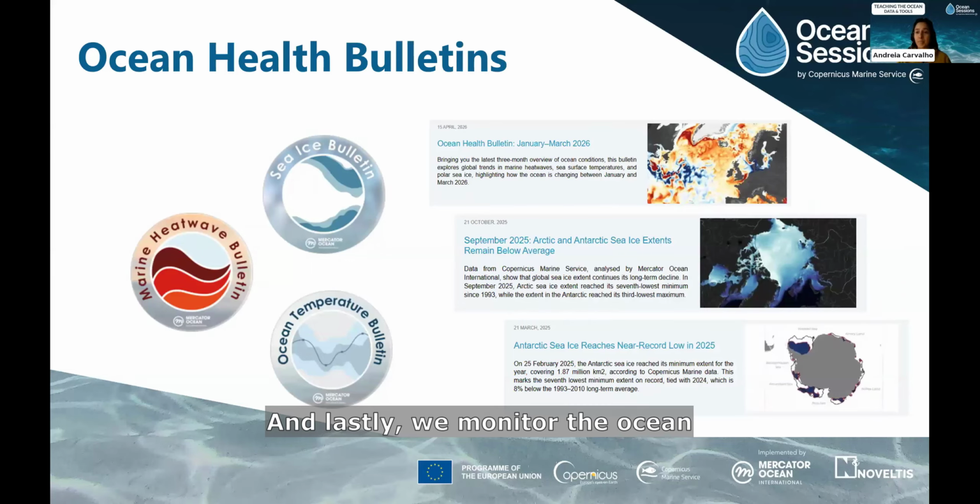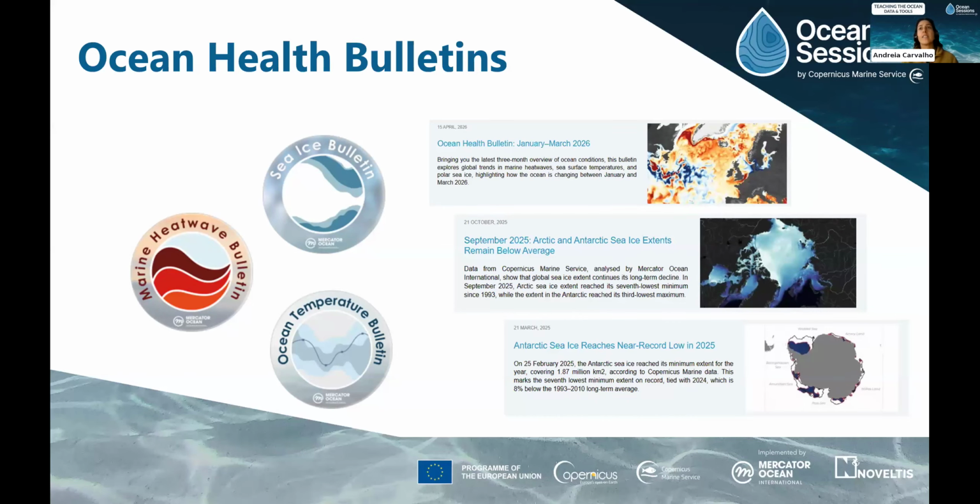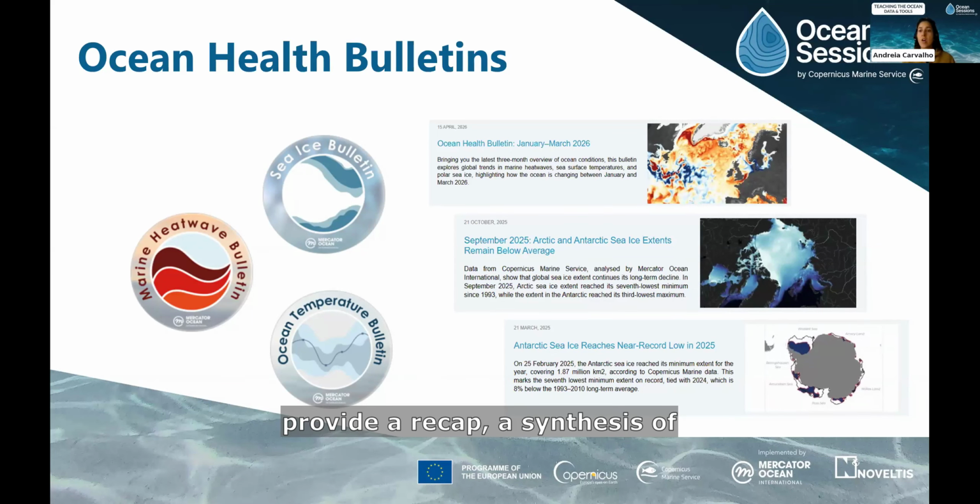And lastly, we monitor the ocean continuously with the Copernicus Marine service, and we publish bulletins providing analysis on, for example, the temperature, sea ice, and marine heatwave events. On a quarterly basis, we provide a recap, a synthesis of the last few months related to these different variables.